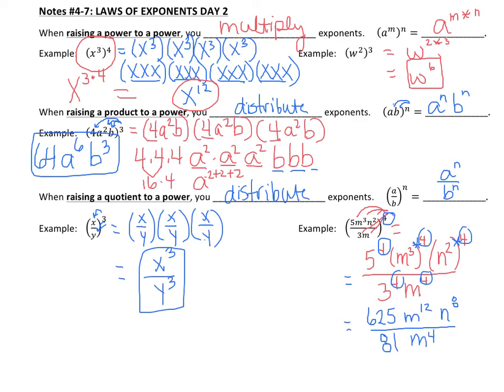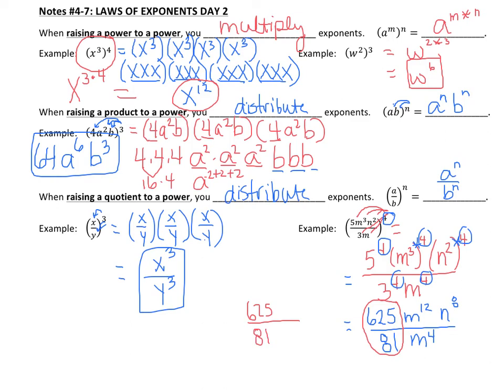Okay, now we notice that we do have these numbers. So you could see if you could simplify that. We could try and simplify it on our calculator. You'll find out that there's nothing that could be simplified there, so that's going to stay just 625 over 81.